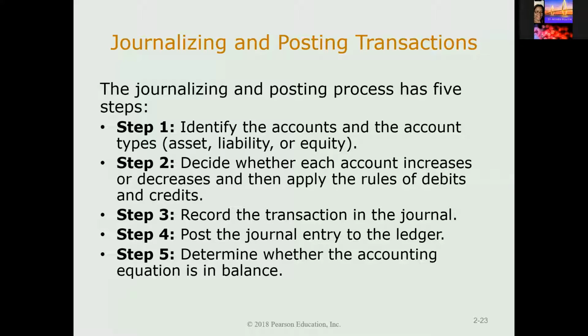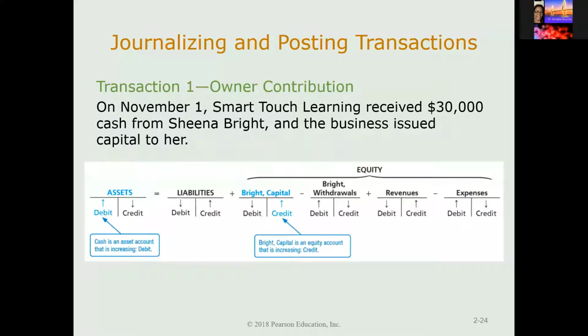Now, you can use a modified version of the steps for analyzing accounting transactions to help when you are recording transactions in the journal and then posting the journal entries to the ledger. Here you see in transaction 1, the e-learning company received $30,000 cash from Sheena Bright, and the business issued capital to her.